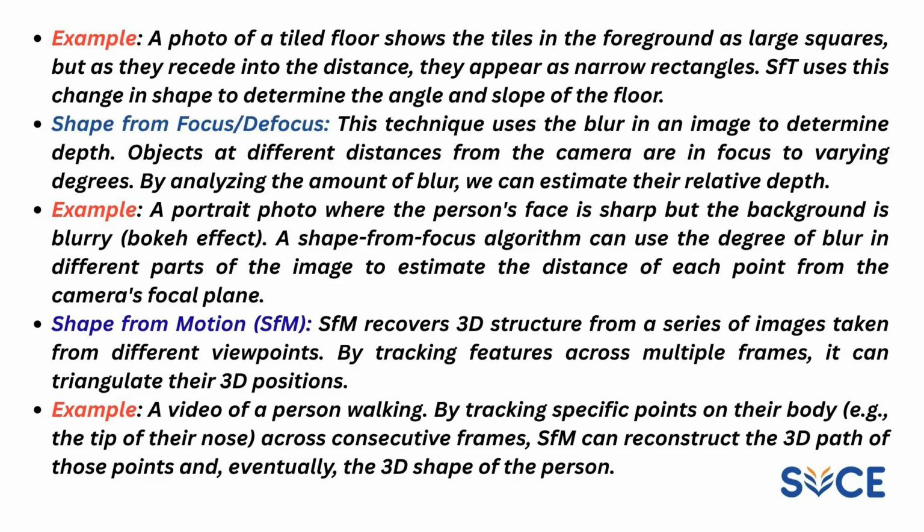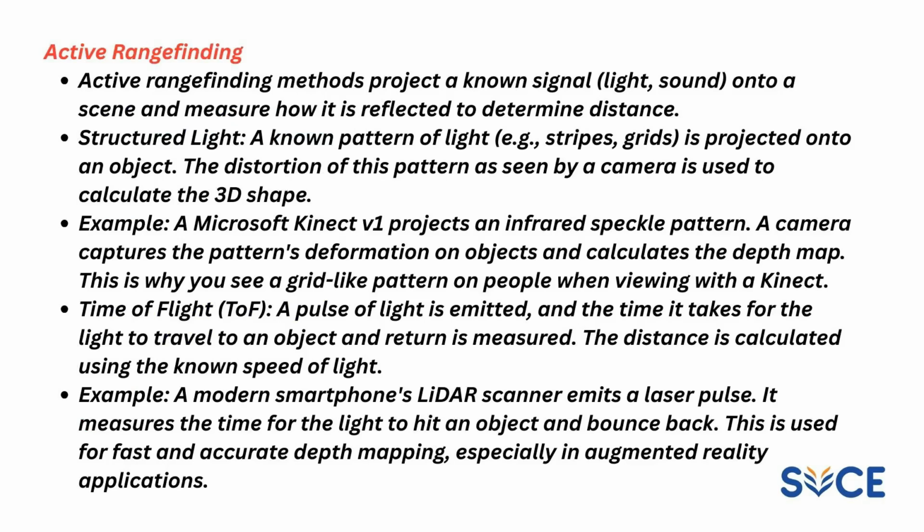So next we will look at active range finding. Let me give an intro about this. When computers need to estimate depth, they don't always rely on existing light or multiple images.